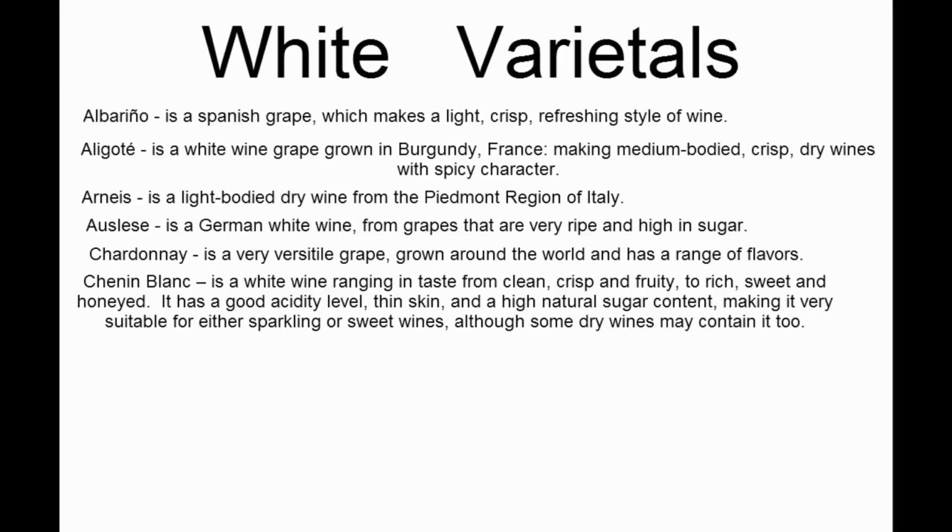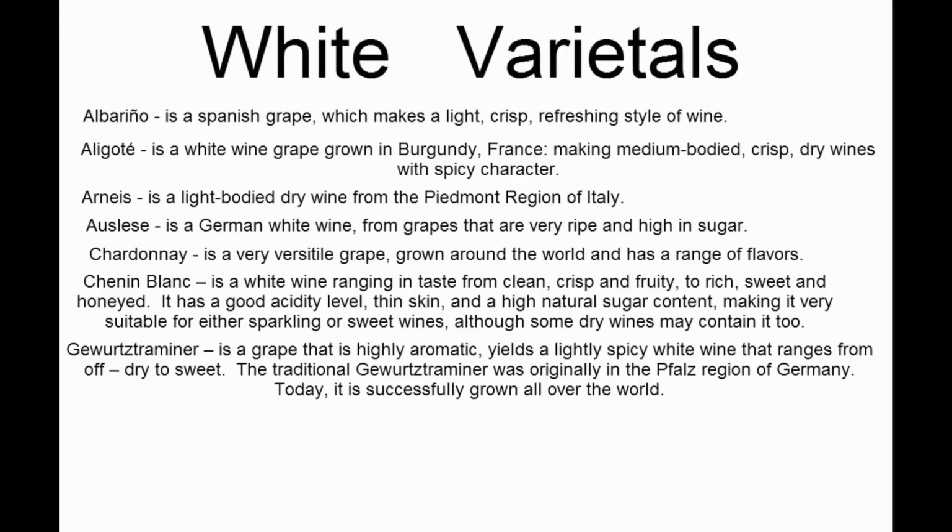It has a good acidity level, thin skin, and a high natural sugar content, making it very suitable for either sparkling or sweet wines, although some dry wines may contain it too. Gewürztraminer is a highly aromatic grape that yields a lightly spicy white wine that ranges from off-dry to sweet.